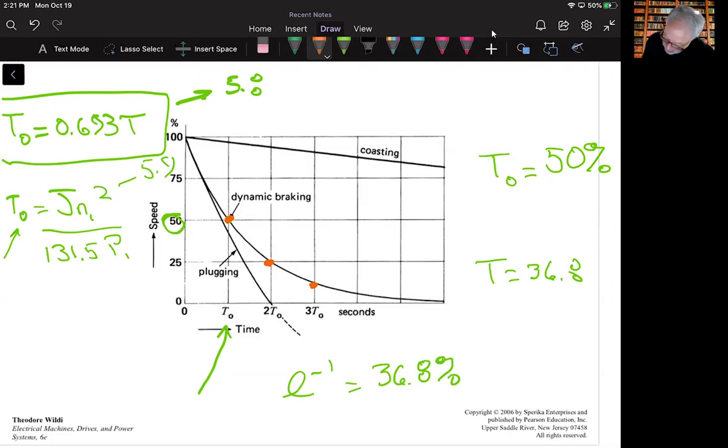P sub 1 is the initial power delivered by the motor to the braking resistor, set up for dynamic braking. And 0.693 is a constant. It's the value of the log base e of 2, and that's where that comes from.